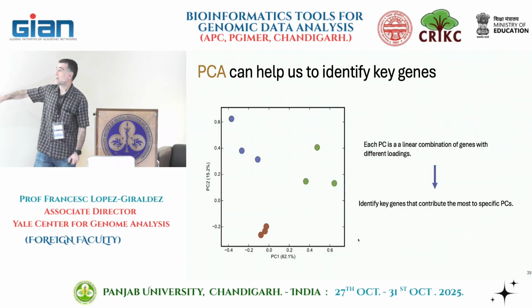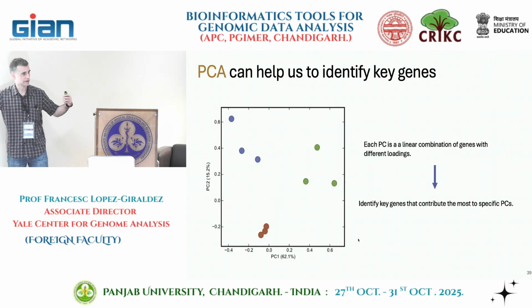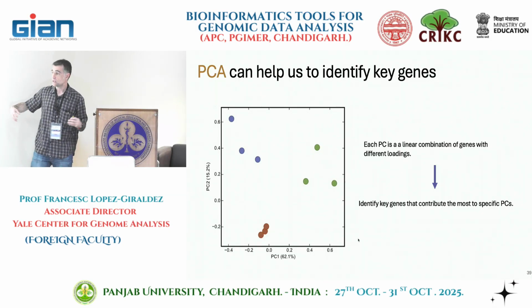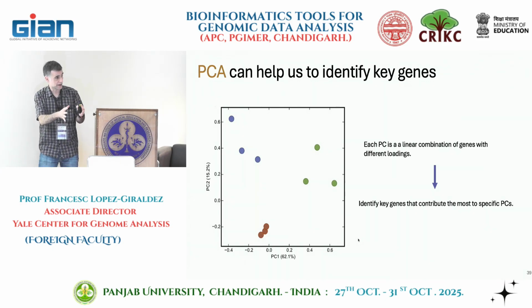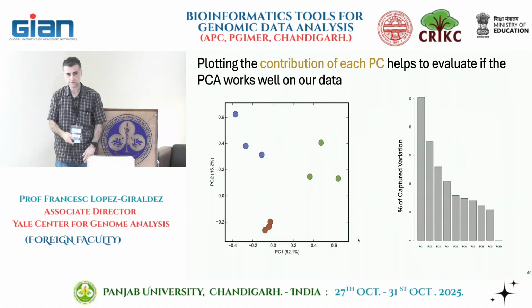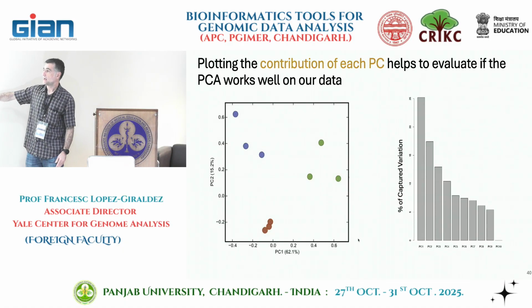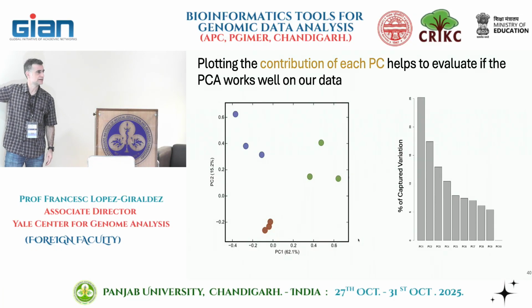The other one is, I mentioned that every new dimension that we create, every PC, is a linear combination of genes. So if you care about why PC1 separates green from red and blue, you can look at the main genes and say, oh, these genes are the ones causing this separation. So you can even look at those. The other question was how much information each one of them has, right? That's important to do. These they call scree plots, I think, sometimes.